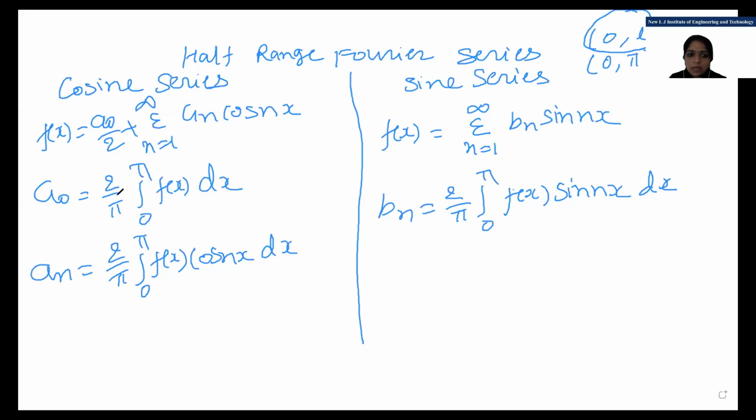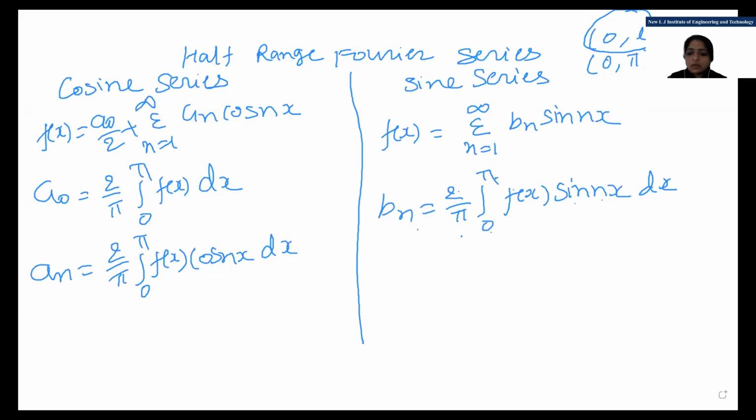Here 2 by L and 0 to L. In an, 2 by L, 0 to L and cos n pi x by L. Similarly, for the period 0 to L, for sine series, sin n pi x by L, right? And for bn, 2 by L, 0 to L, sin n pi x by L.